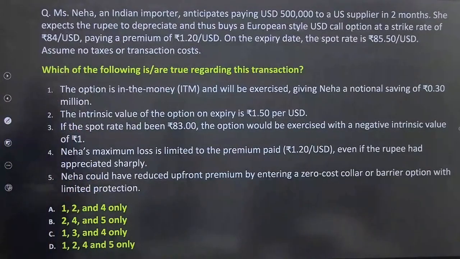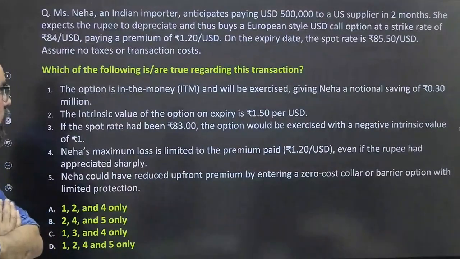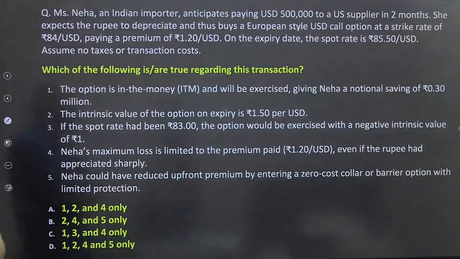Okay, next one, guys. Miss Neha, an Indian importer, anticipates paying 5 lakh US dollars to a US supplier in 2 months. She has to make payments. She expects the rupee to depreciate.